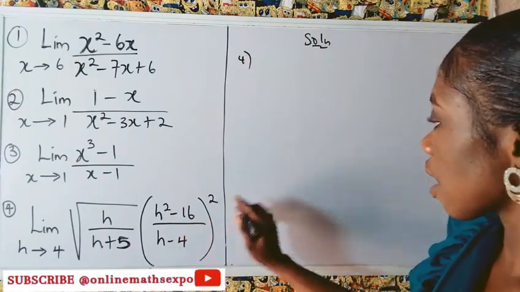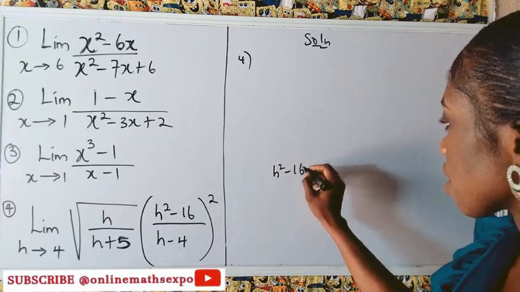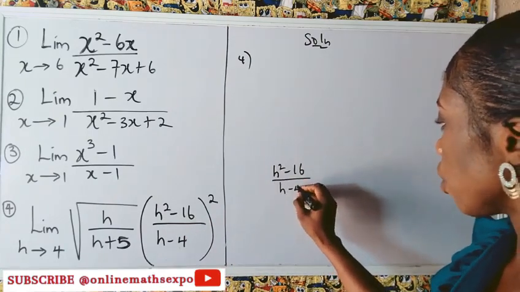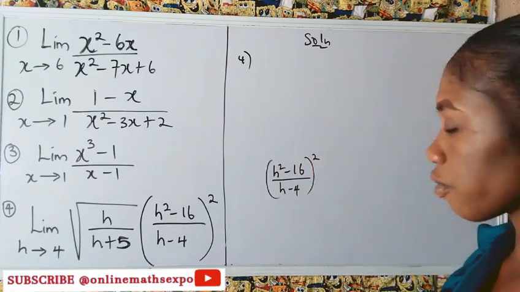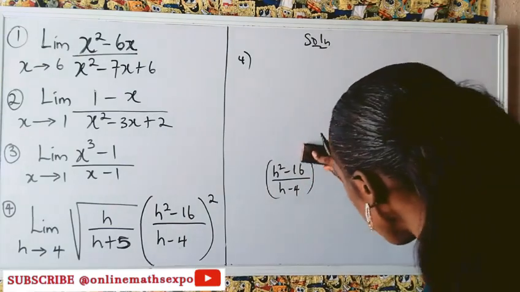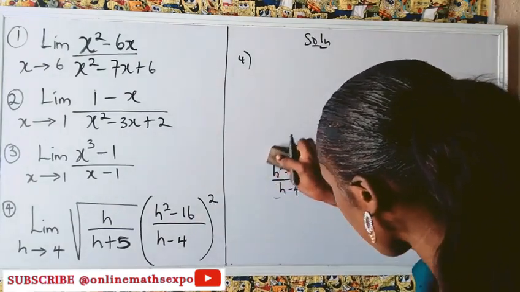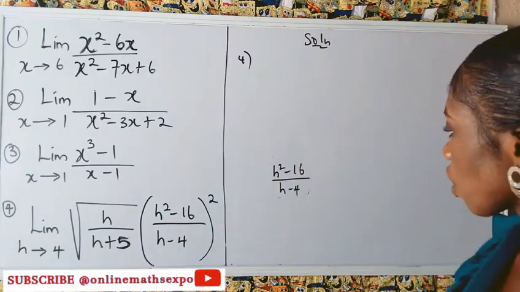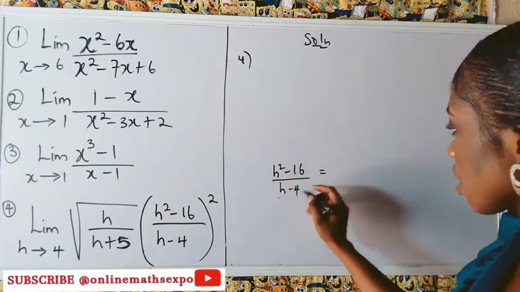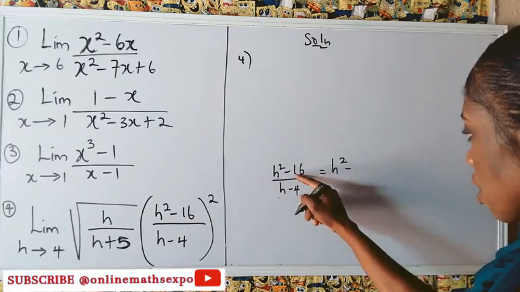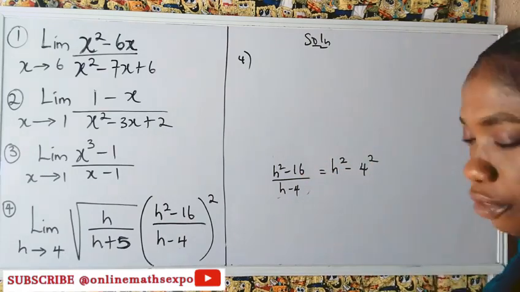If we factor this out, we have h squared minus 16 all over (h minus 4), all to the power of 2. Let's remove this and do the inside first. So h squared minus 16 is the same as h squared minus 4 to the power of 2.